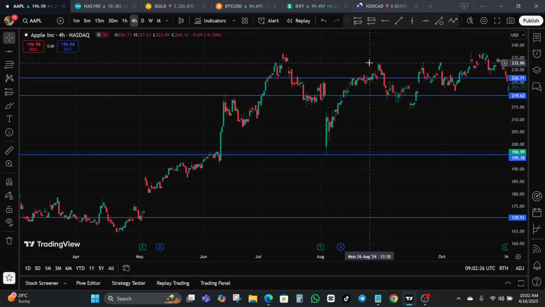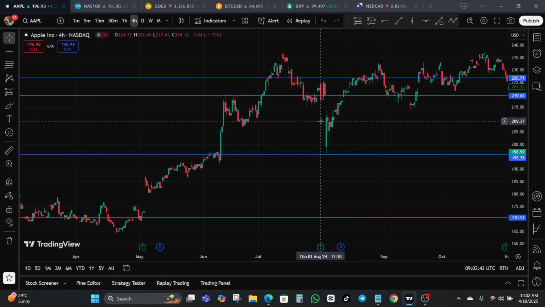So basically this breakout strategy involves watching out for a breakout and taking an opportunity when a breakout happens on a stock. If price breaks above resistance, it's considered a bullish breakout.